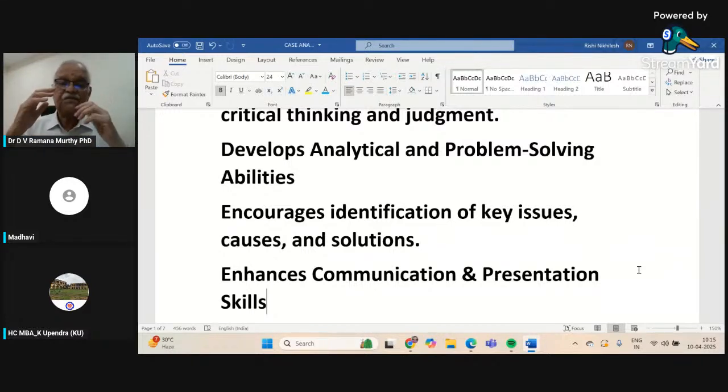So if you want a very specific analytical mind in the process of reading the case, it encourages identification of key issues and causes. You can identify what the problem is, what the cause is, what the effect is, and what sort of solutions can answer these causes. All these things are made known.